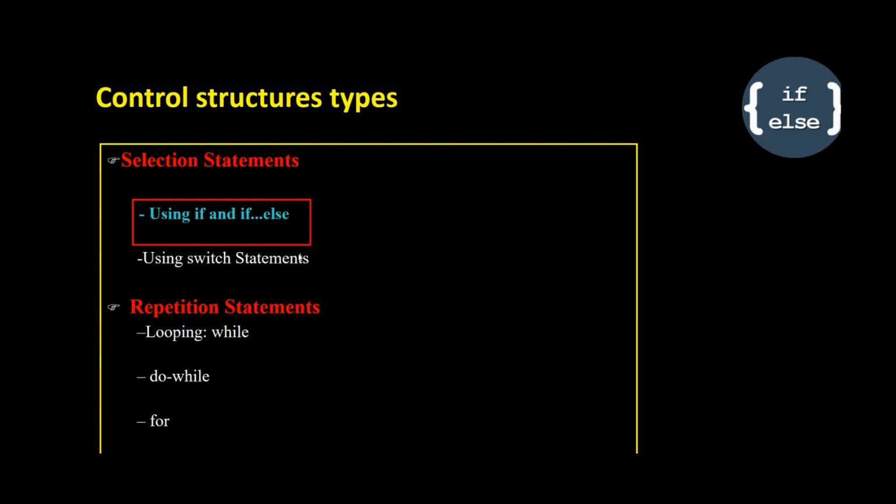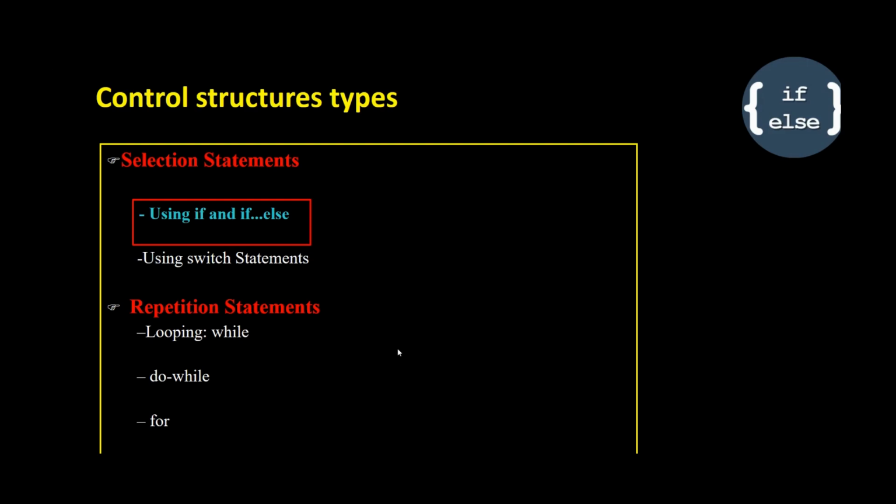As for the control structure types, we have the selection statements and we have the repetition statements. In this video, we will start with the selection statements, the first one, if and if-else. In other videos, we will see for sure the other selection statements and the repetition statements.